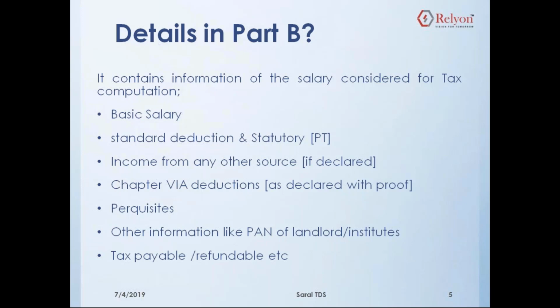If it crosses a certain limit, then it is compulsory to contain the PAN. Next is tax payable or refundable. Like we saw, what is the total tax which needs to be paid? On that we put health education cess, and we got the total income tax which needs to be paid for the entire financial year. So this was the basic information which we saw in part B, and the information which we also saw in part A.